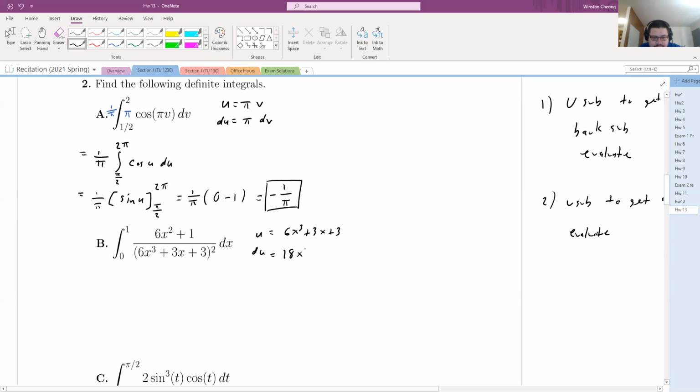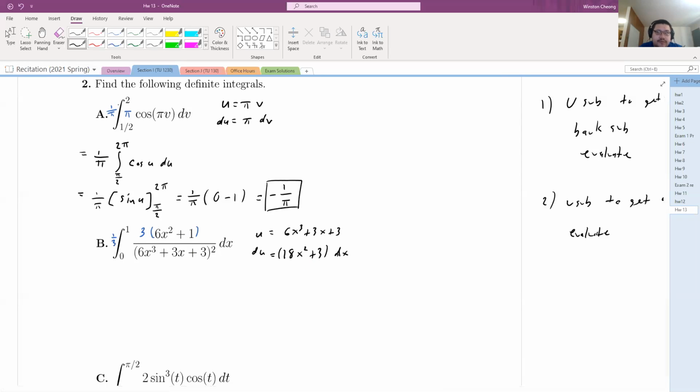So you get 18x squared plus 3 dx. Okay, and so what you need to introduce is a factor of 3. So we can just introduce a 3. We'll have to divide by 3.